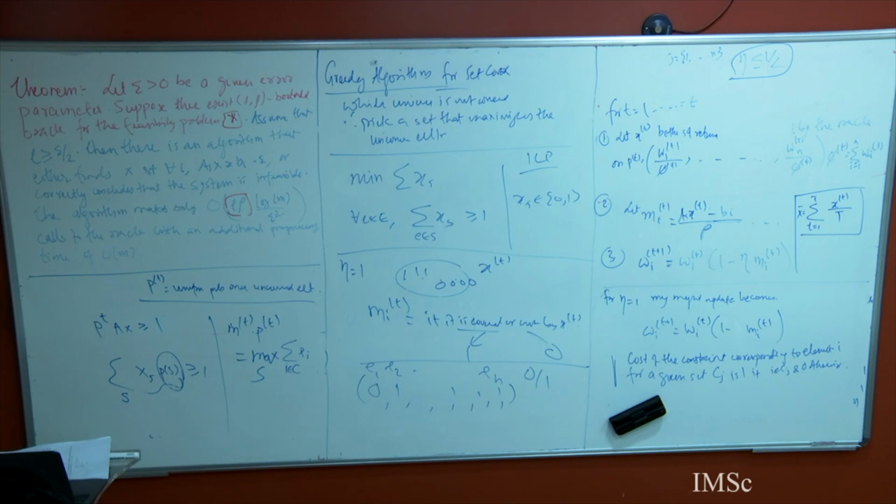What set did you choose in each round? One that maximizes this, right? So this is exactly what you did, maximize the C for this. But what does this imply?